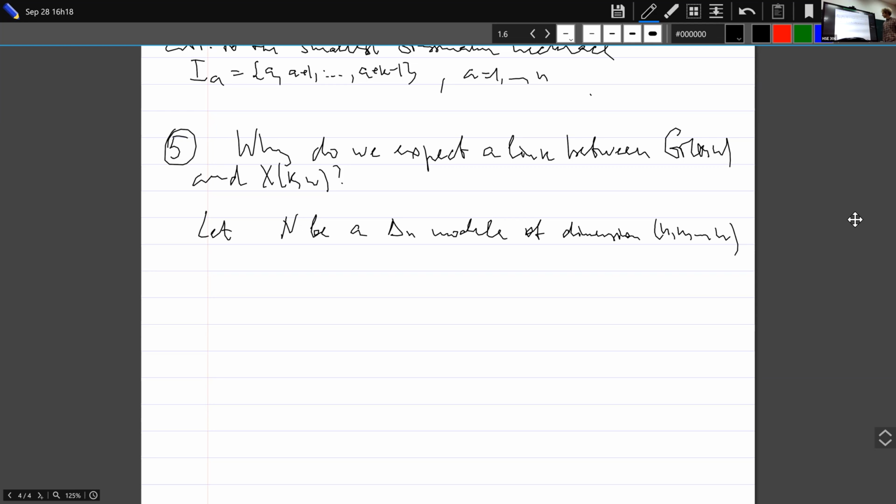So I take still the same quiver Delta_n, and then I take a module such that the dimensions of all the spaces at all the vertices are the same, and all the maps are identities.